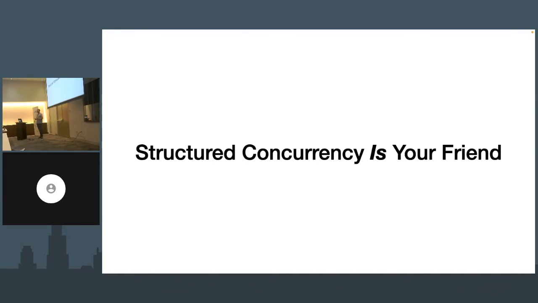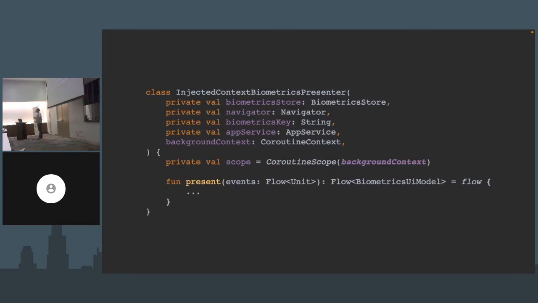Now finally, let's talk about structured concurrency. Structured concurrency is your friend, and it's going to provide our answer to this problem of constructing our coroutine scope. So what I recommend doing instead of this, we can abandon this. And the reason is that the CoroutineScope constructor is inherently not structured concurrent.